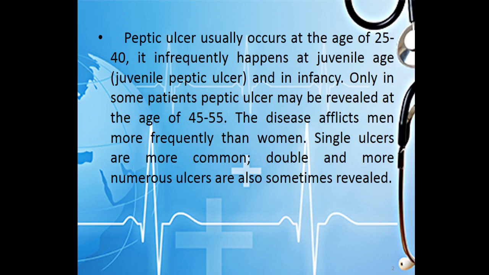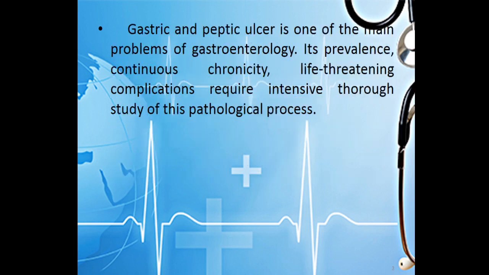It's most common for men than women, and single ulcers more than multiple ulcers. Maybe there is something like classic double localization of ulcers, so-called mirror ulcers of the duodenum, for example.